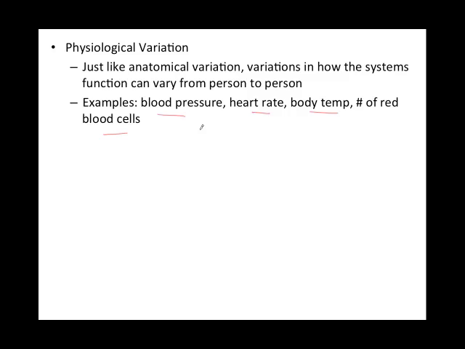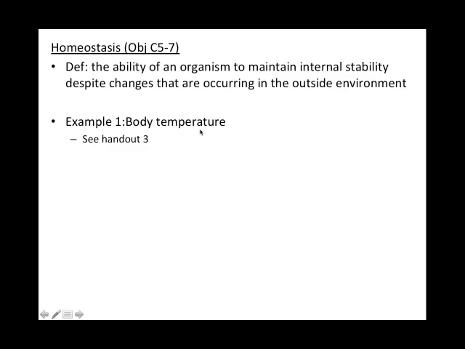So let's take a look at what we call homeostasis. And it's very important that living organisms maintain what we call a stable internal environment. And this is important because in the outside environment, things going on outside of the body, those things are always changing. But yet, even though those things on the outside are constantly changing, the organism, in order to stay alive, has to maintain internal stability.